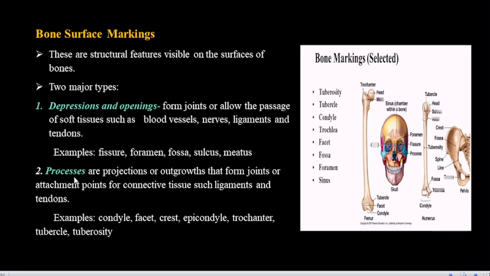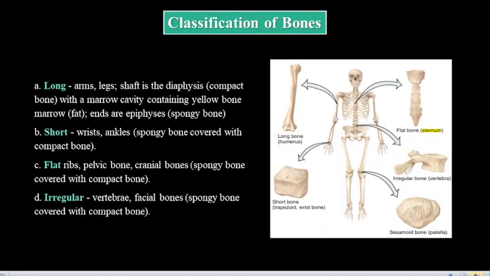Ang processes naman for attachment of joints or attachment points. So, ang processes, didikitan ang depressions and openings papasukan ng mga blood vessel. So, sa processes, meron tayong condyle, facet, your crest, epicondyle, trochanter, tubercle, at saka tuberosity. So, just refer to the pictures, no, para makita ninyo kung saan yan ang tinutukoy.